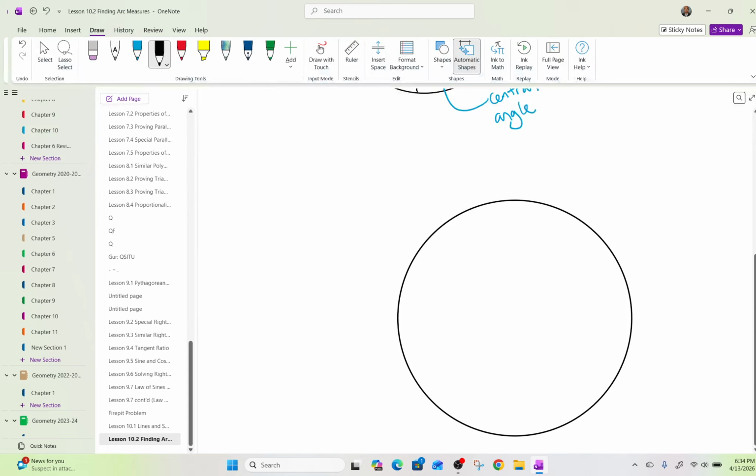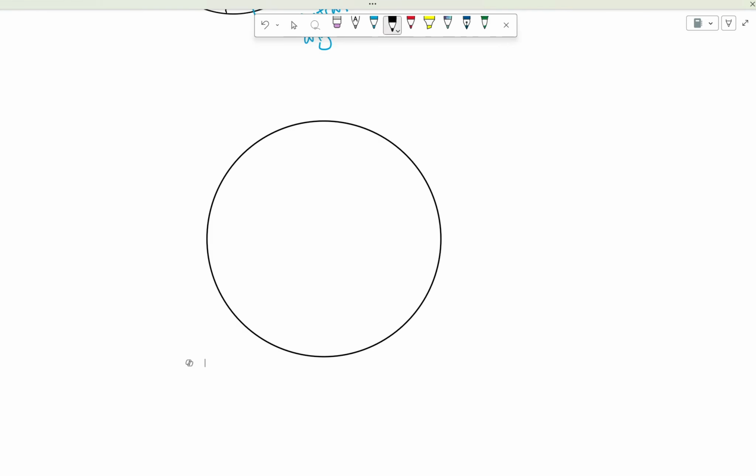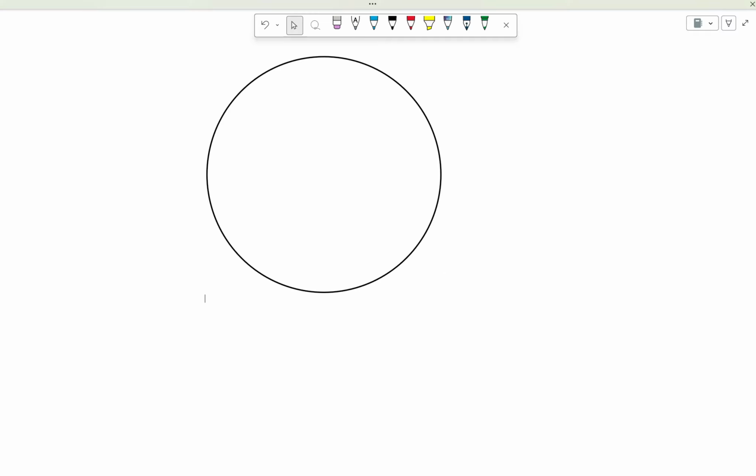So here we go. Let's get into the circle here. I'm going to turn off the outer shapes for a sec, and I'm going to draw the following. Let me get my diameter a little bit cleaner here.